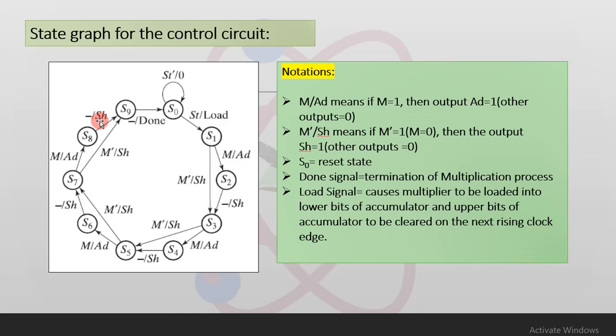So in general, if a control signal is turned on in state Sn, the resulting action does not occur until the next active clock edge takes the circuit to the next state. So this particular state S9 could be eliminated if it was acceptable to turn on the done signal in the state S0 when St was equal to 0.